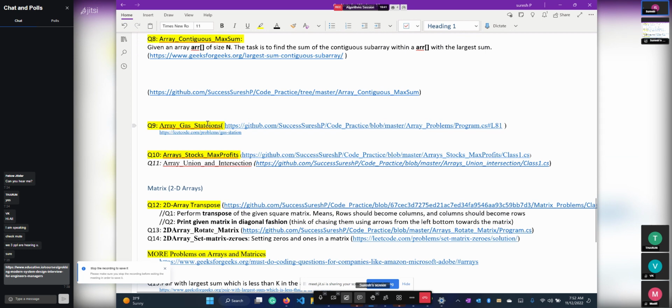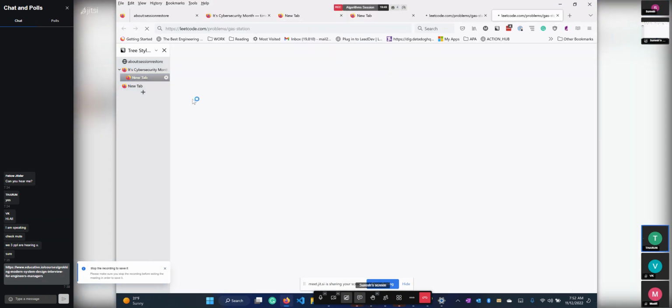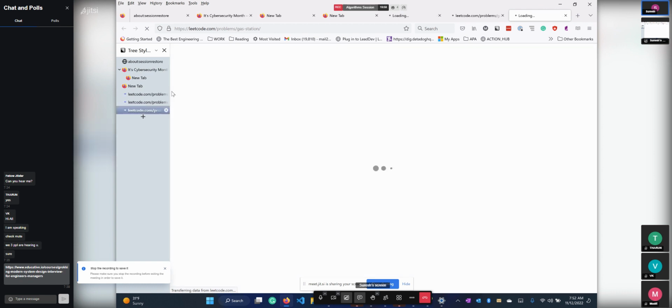Okay, this is the gas station problem. Let me open the link. It's not opening. Okay, it's opening. It's slowly opening. So this is basically a tricky problem. Wow, I clicked many times.